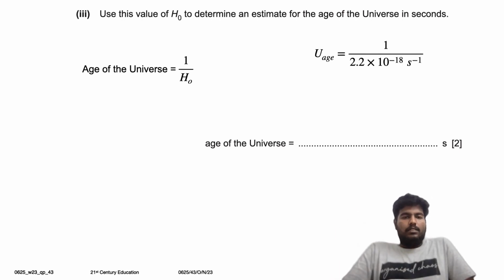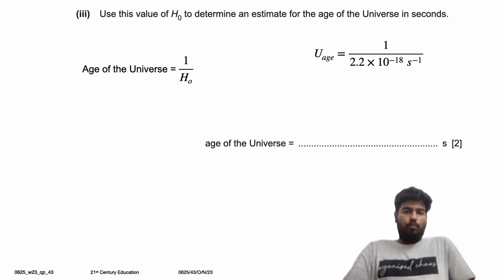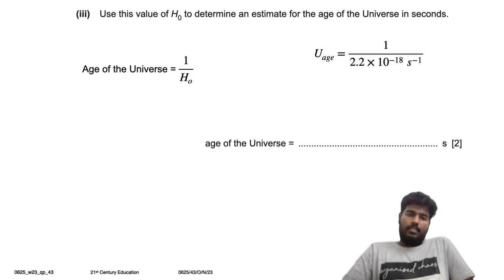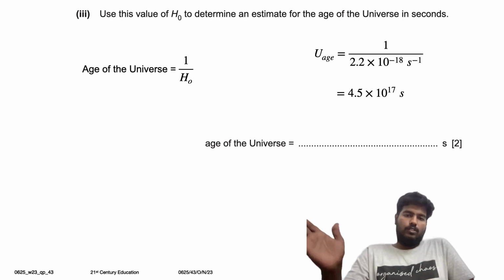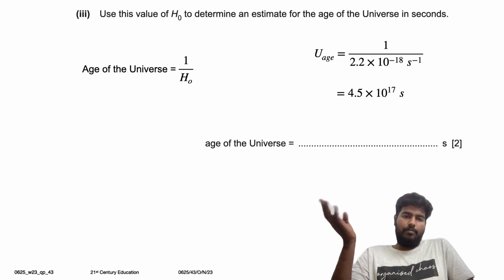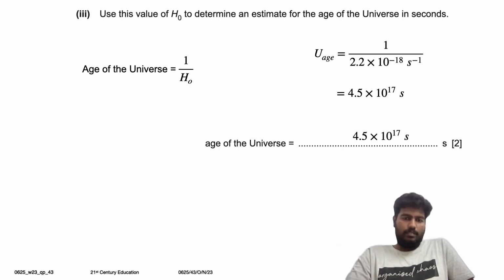So 1 divided by 2.2 times 10 to the power minus 18 second inverse, if you do the math, is 4.5 times 10 to the power 17 seconds. That's some 13.8 billion years in seconds.